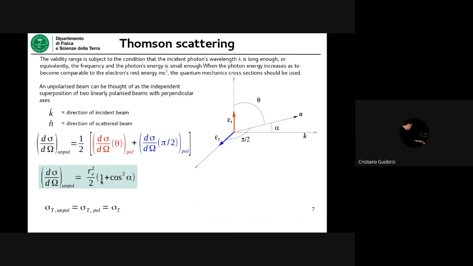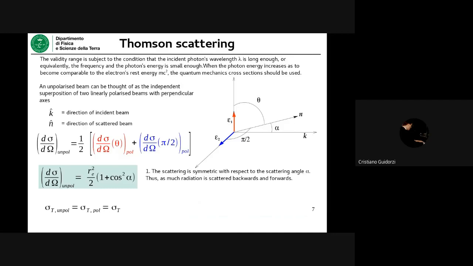And this is indeed now the differential cross-section of the Thomson scattering for an unpolarized wave. And of course, if you integrate this over the entire sky, it's no wonder that you come up again with the Thomson cross-section. The only difference concerns the differential cross-section between the polarized case and the unpolarized case. The total cross-section, of course, is always the same, the sigma Thomson.